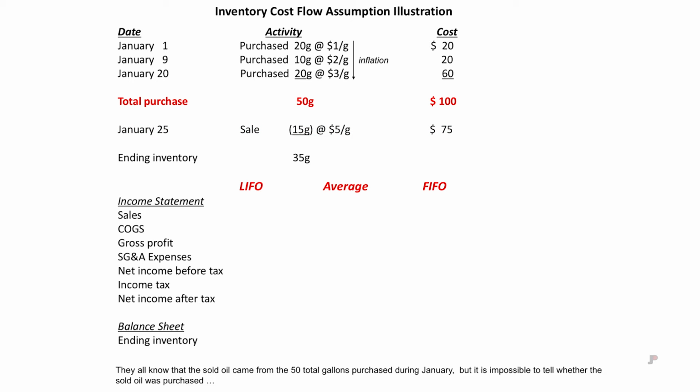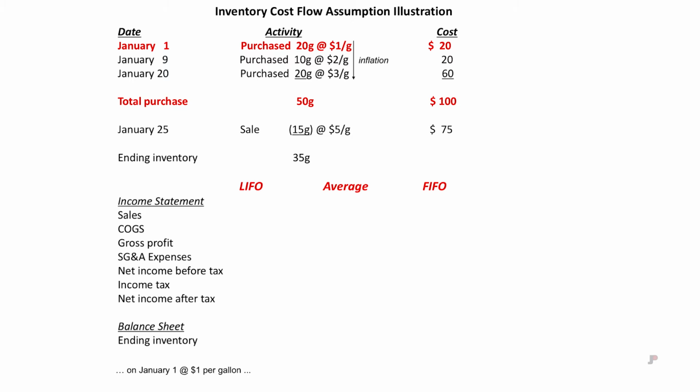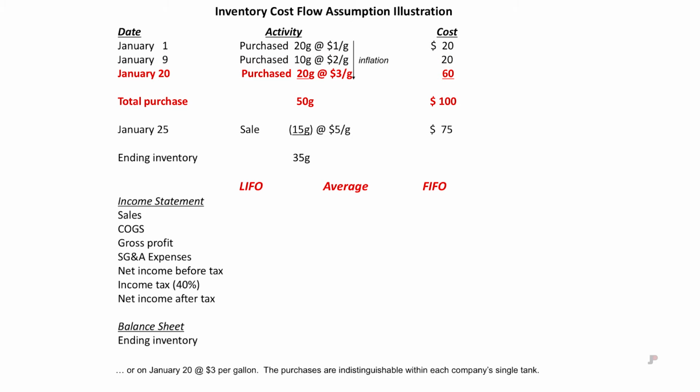They all know that the sold oil came from the 50 total gallons purchased during January, but it is impossible to tell whether the sold oil was purchased on January 1 at $1 per gallon, on January 9 at $2 per gallon, or on January 20 at $3 per gallon. The purchases are indistinguishable within each company's single holding tank.